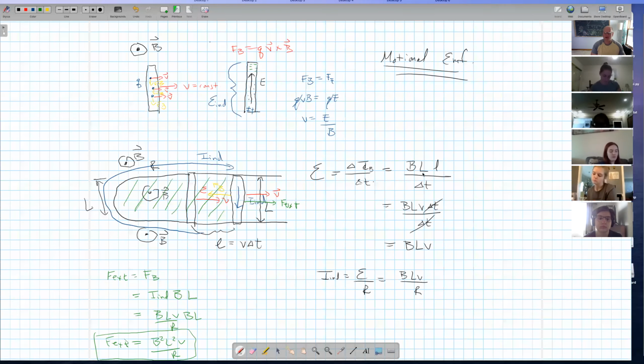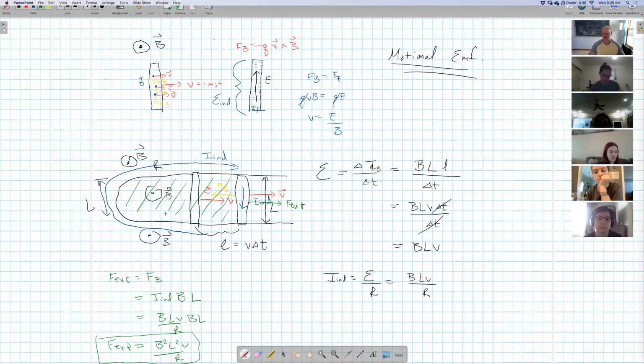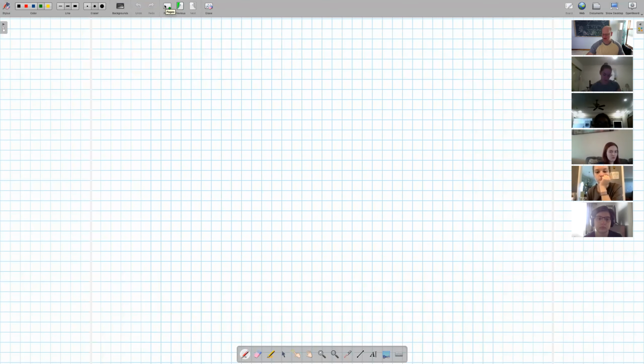So the other part of the question said, what external power is needed to move the rod? So let's go to a new page. Remember from 175 that power is equal to the magnitude of the force times the magnitude of the velocity times cosine of the angle between the two. So this is power.